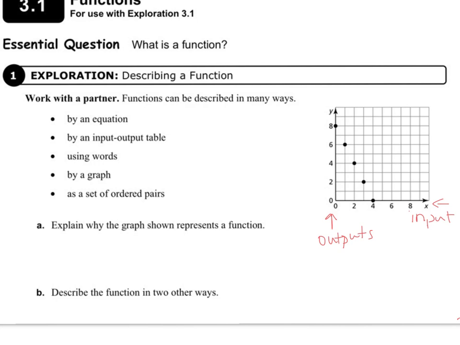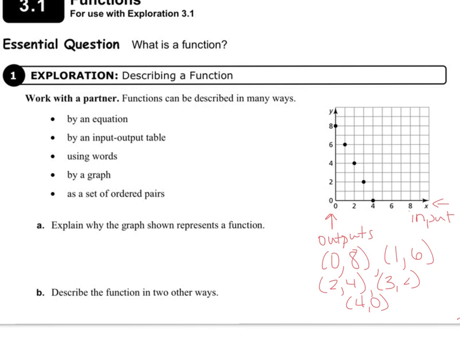So on this graph right here, when we input 0, we have the output of 8. When we input 1, we have an output of 6. When we input 2, we get 4. 3, we get 2. And 4, we get 0.